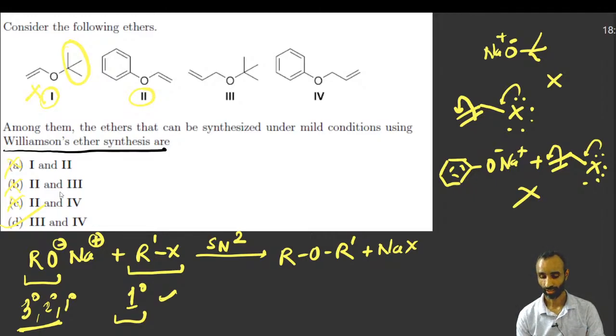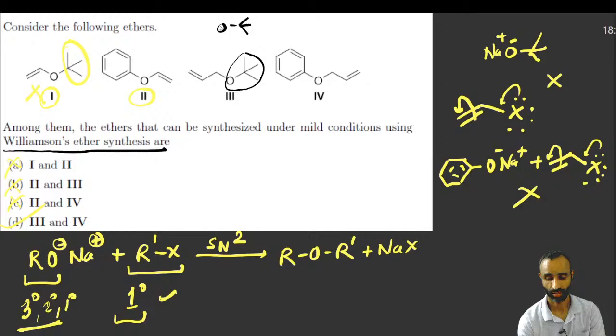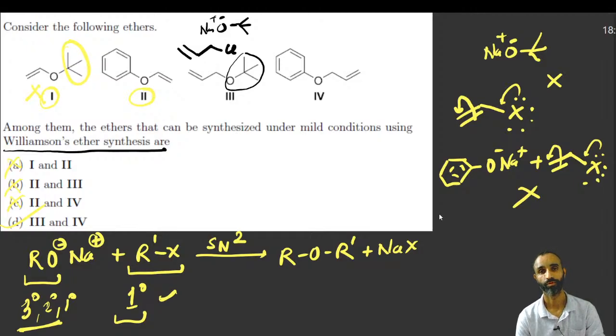Now look at the third and fourth options. See, we have this part. So this part will be the sodium salt, because if we attach halogen here, that becomes tertiary halide. But on the other side, we have this one. Obviously, this is a primary alkyl halide.